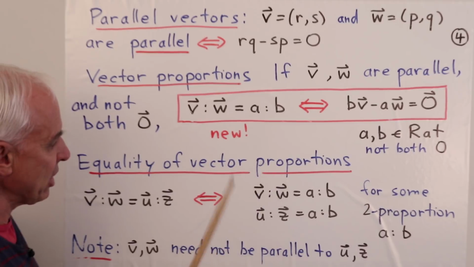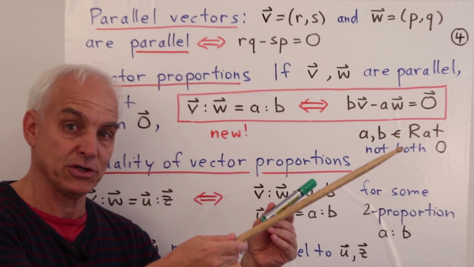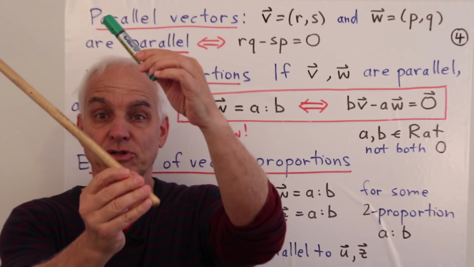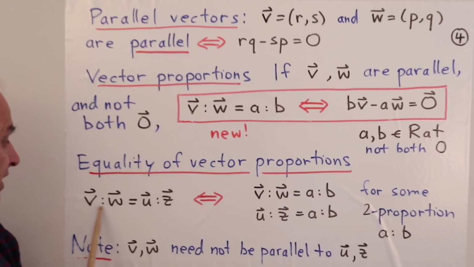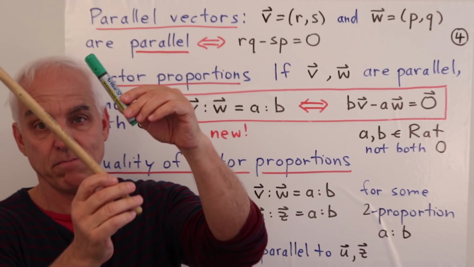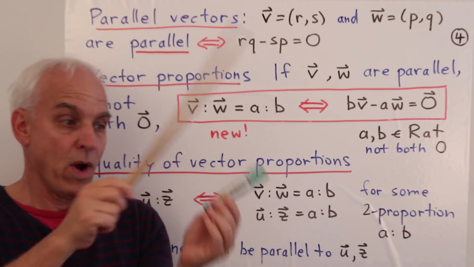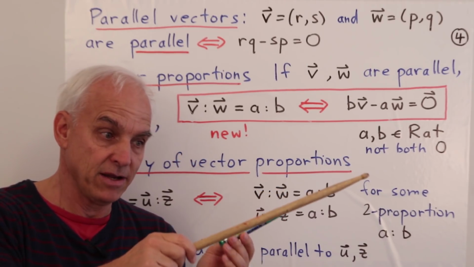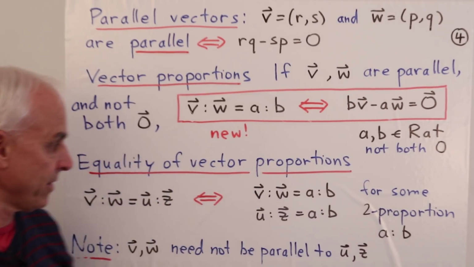Okay, so then we can talk about equality of vector proportions. We can say when the proportion between these two vectors is the same as the proportion between these two vectors. Here we have two parallel vectors, say v and w. Here's another pair of parallel vectors, say u and z. When does this proportion, v to w, equal this proportion, u to z?